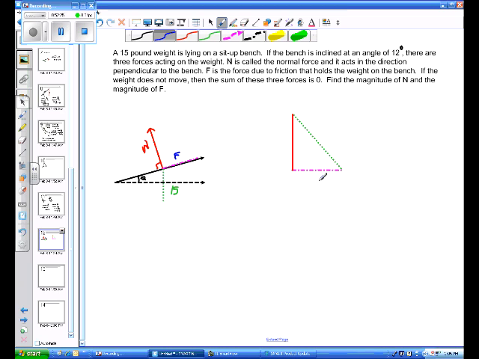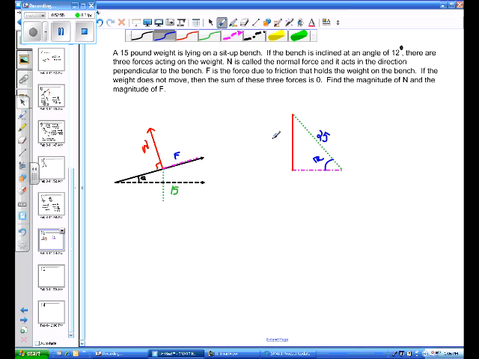Okay, so if we look at what we have, then we've got our weight is 15. Now, our angle was between the weight and the friction. That was what was at 12 degrees, and that's kind of what's acting against the friction, and our angle was 12.